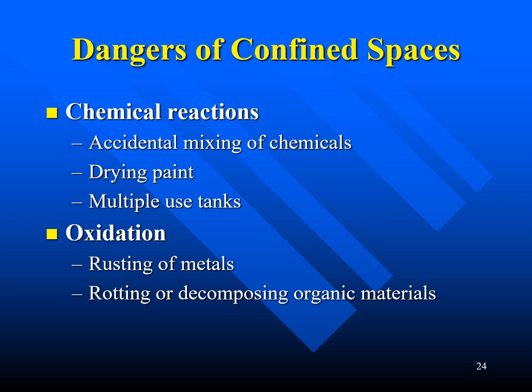They may have some chemical reactions, such as accidental mixing of chemicals, drying paint, or multiple use tanks. Oxidation can occur within a confined space, which would cause rusting of the metals and rotting or decomposing of organic materials.